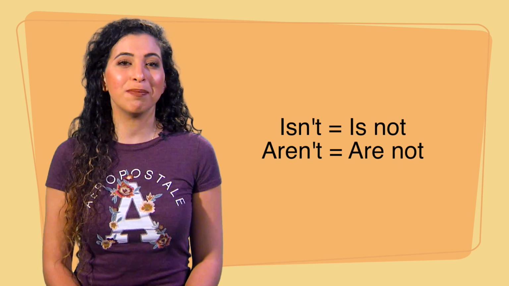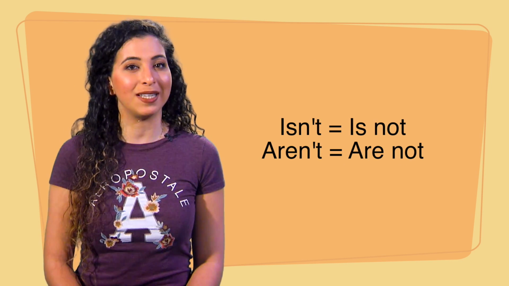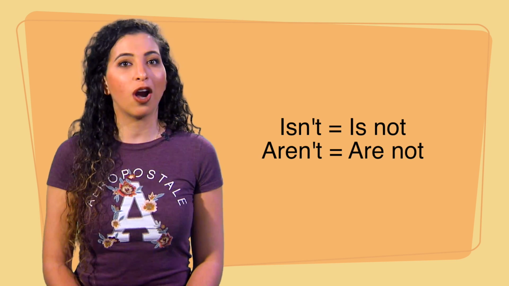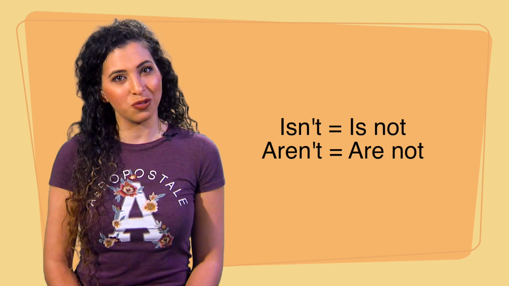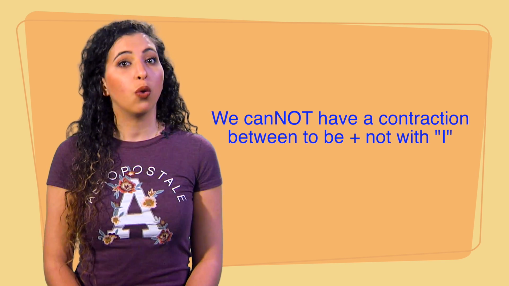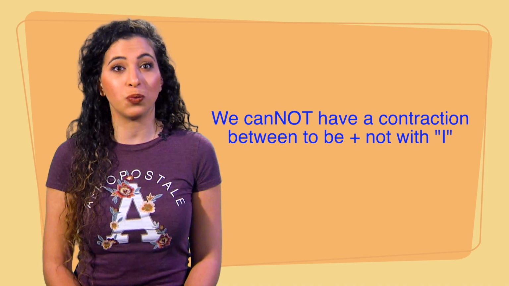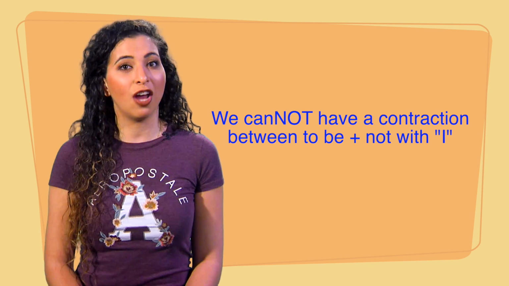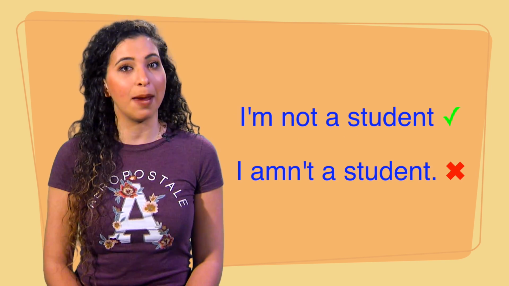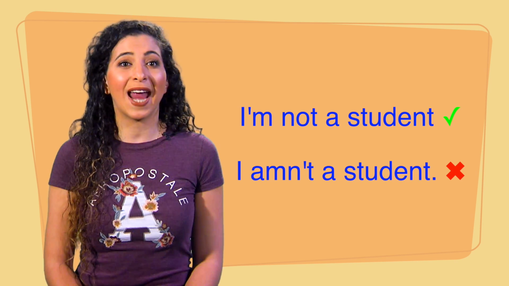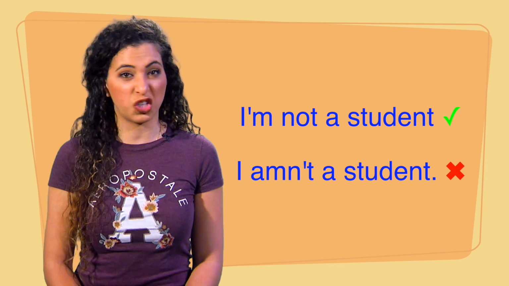So the contraction becomes isn't, which means is not, or aren't, which means are not, depending on the pronouns we're conjugating. We cannot have a contraction between the verb to be and not in the case of I. I can say I'm not a student, but I cannot say I amn't a student.